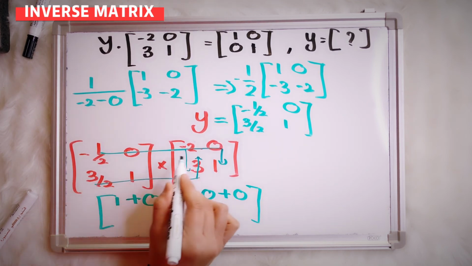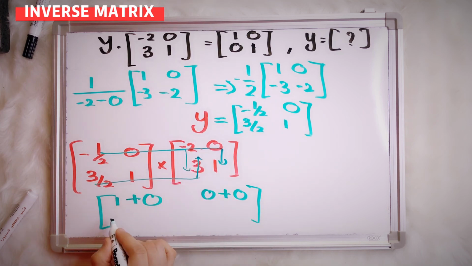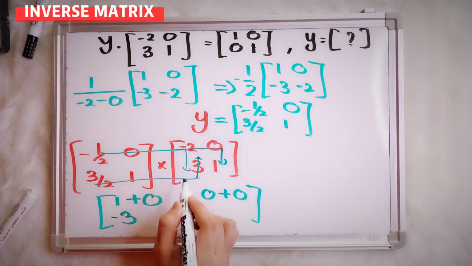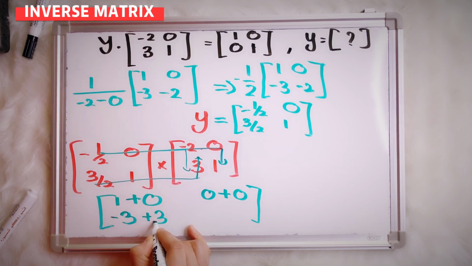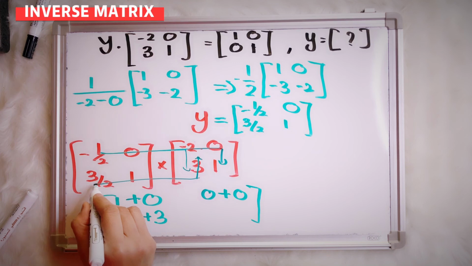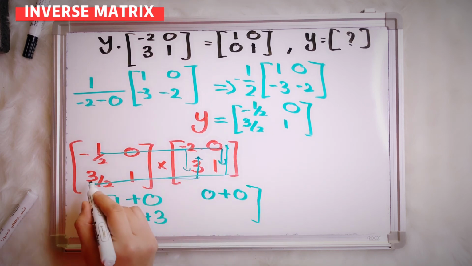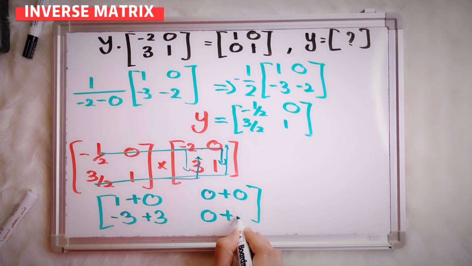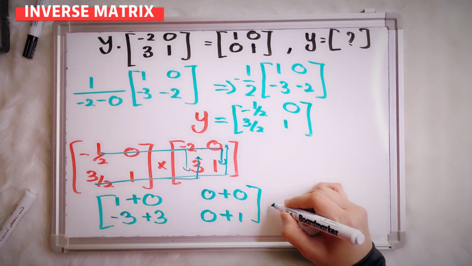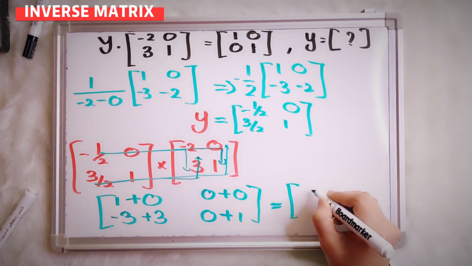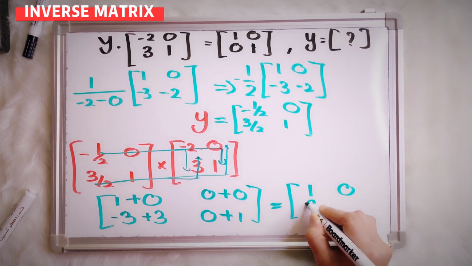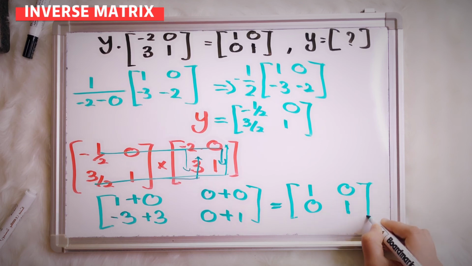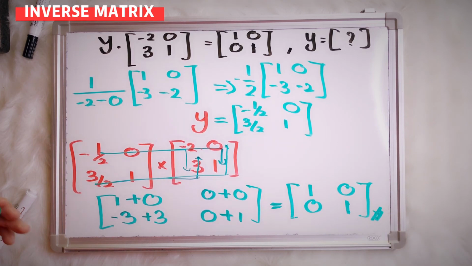So 3 over 2 times negative 2 we have negative 3, correct? Okay, so 1 times 3 plus negative 3. Okay, so the last part here, 3 over 2 times 0, 0 plus 1. So now our answer here will be 1, 0, 0, 1. So that means our matrix Y is correct.